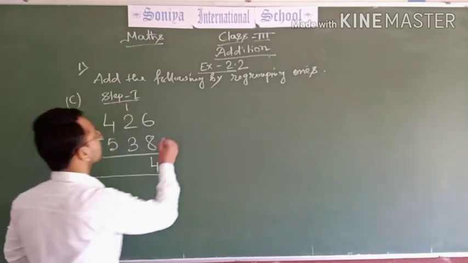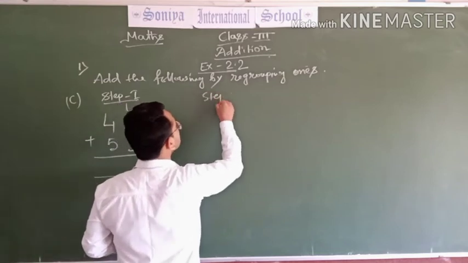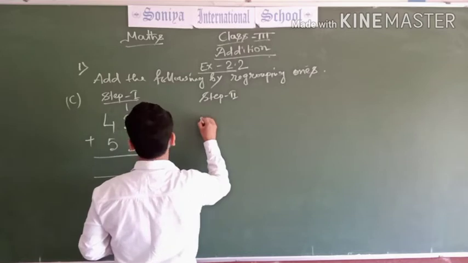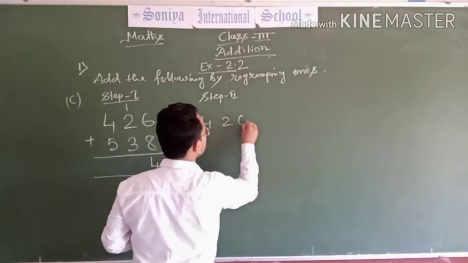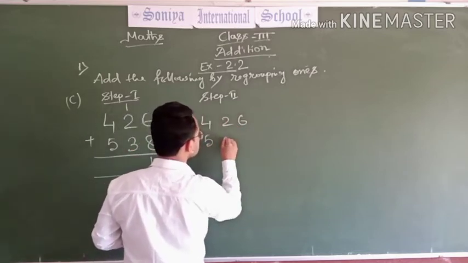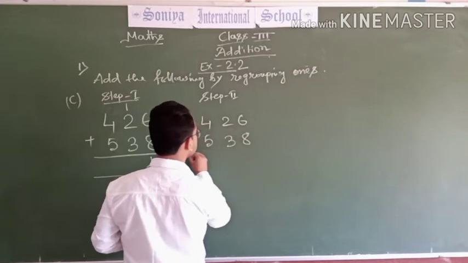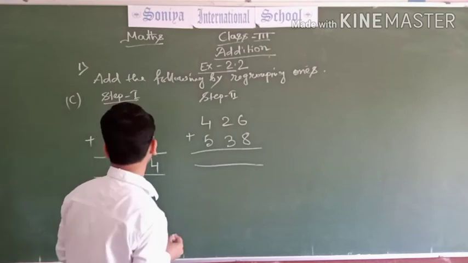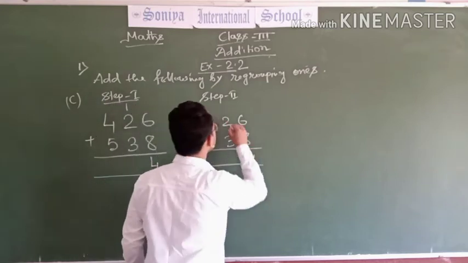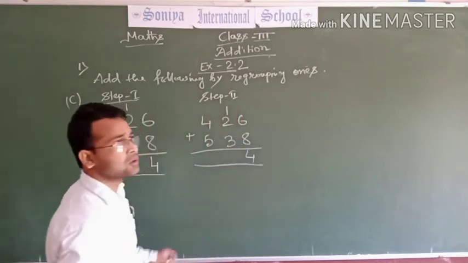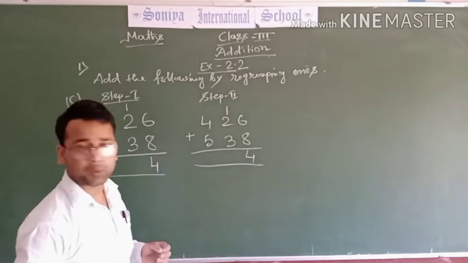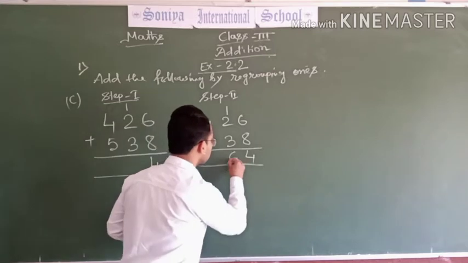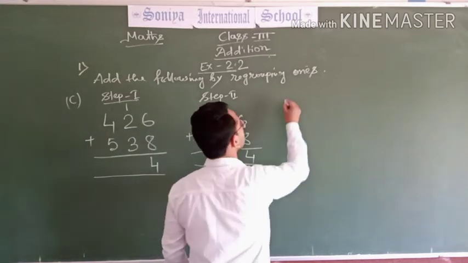Now step 2. 426 plus 538. We got 4 and 1 from step 1, and in step 2 add all the tens places. 2 and 1 is 3, 3 and 3 is 6. Done. Now step 3.